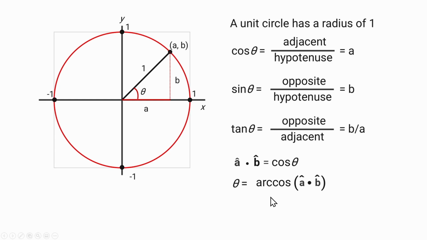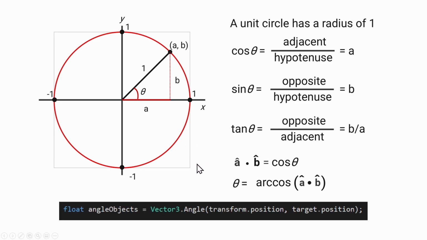And that is absolutely wonderful, because now we can calculate the angle between any 2 points in our 3D space pretty easily, just by normalizing the vectors and using the dot product. And even better, Unity will make this easy again, because there's actually a method of the Vector3 class that will do all this math for you.